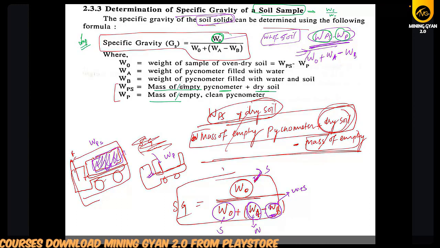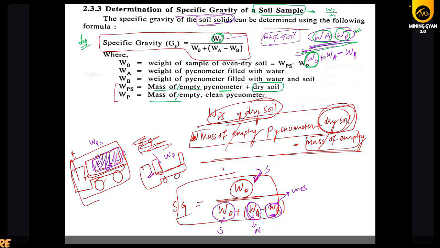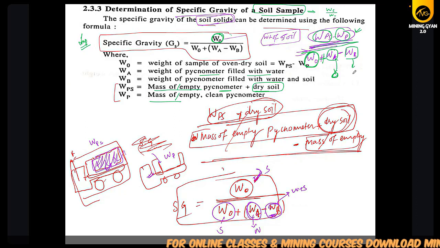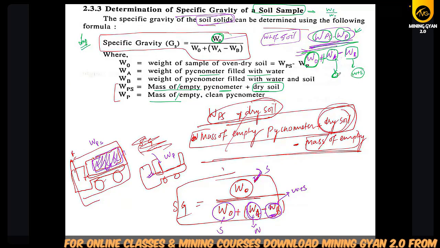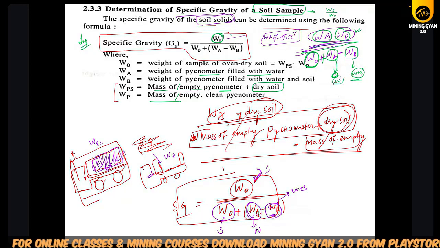It will cancel out the mass of the empty pycnometer, and the dry soil weight remains on top, divided by W0. And then WA. What is WA? The weight of the pycnometer filled with water. It is the pycnometer weight with the water, and the weight of the pycnometer filled with water plus soil. It is water plus soil.